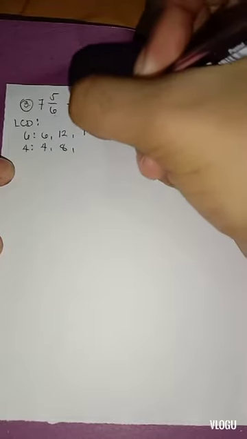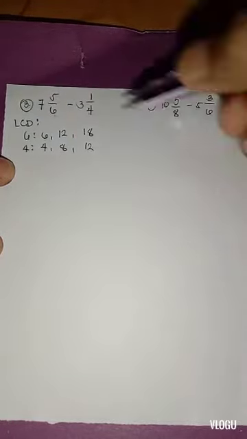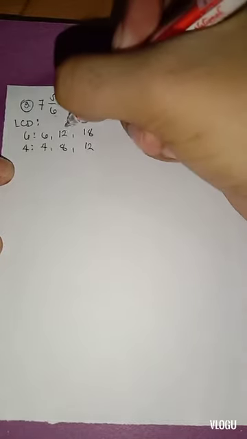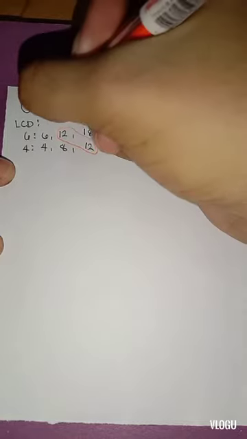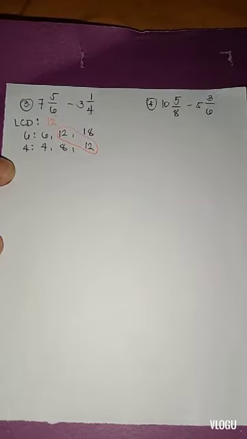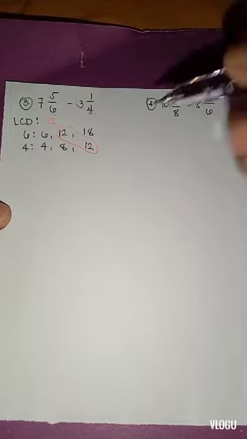Then we have here 18, and then we have here 12. Since you will notice, we now have a common multiple here. So our LCD is number 12. So that is the denominator we will use.